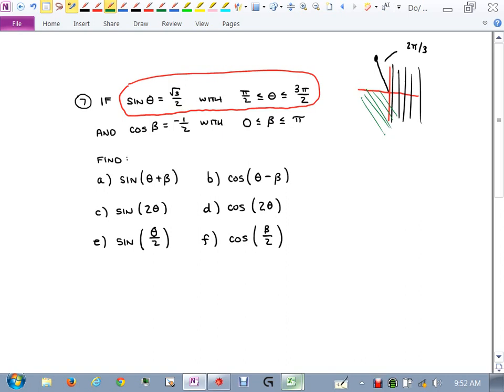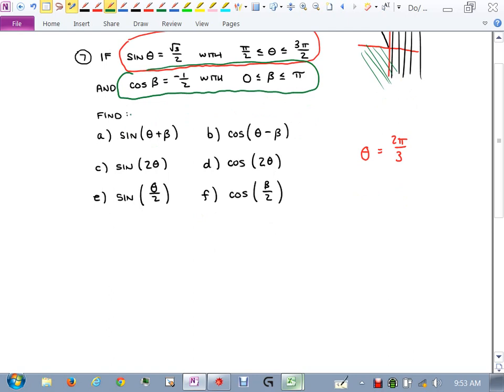So I know what theta is. Theta in this problem is 2pi/3. Questions? I'm just jotting this information down. I'm going to come do all these in a second, but I'm figuring out what theta and beta are first. Sure we're okay? All right, what about beta? Let me draw another picture.